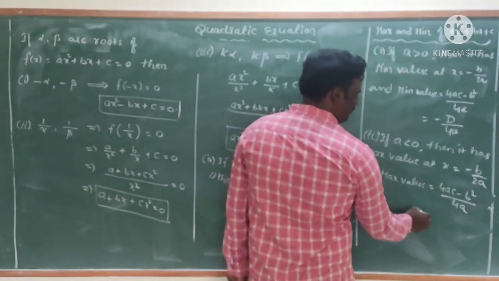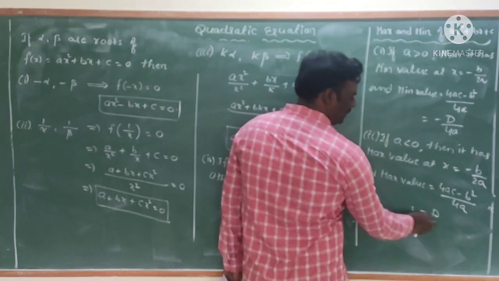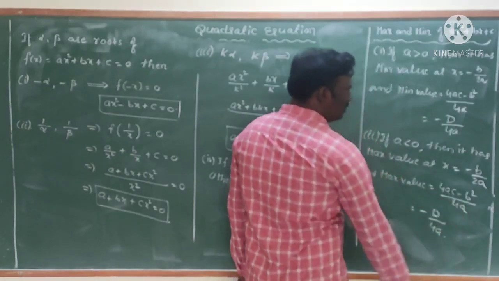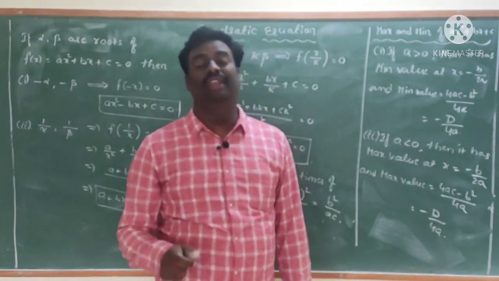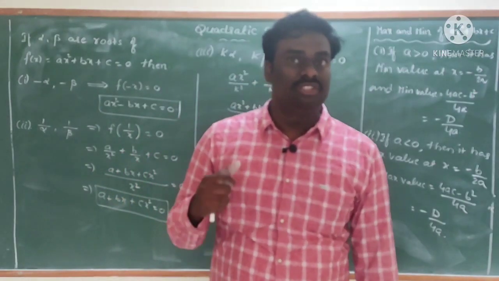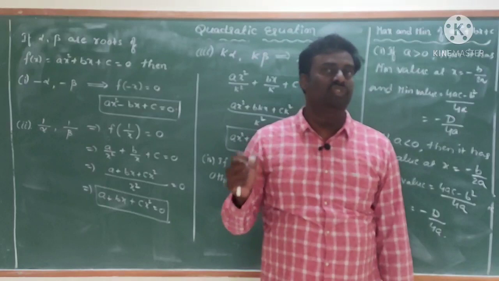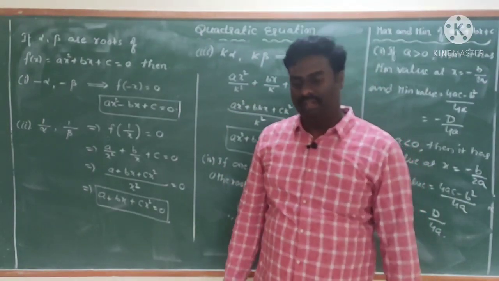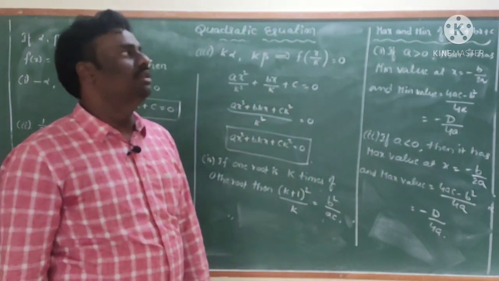You take minus common, b square minus 4ac is nothing but the discriminant, therefore minus D by 4a. So these are the maximum and minimum values of a quadratic expression. Children, these are the synopses which are useful for objective in quadratic equation. Now we will start the problems from your objective material.